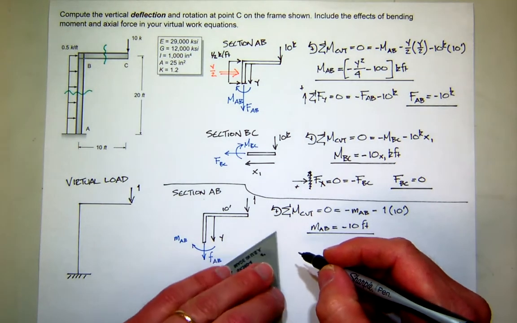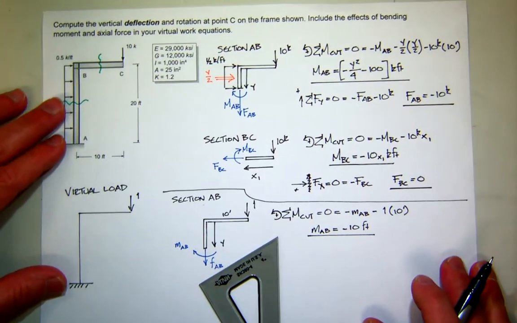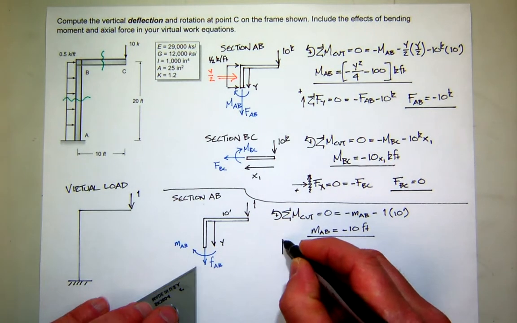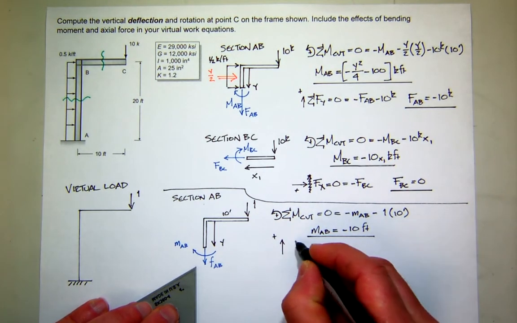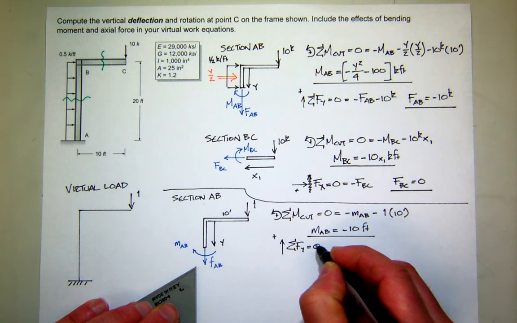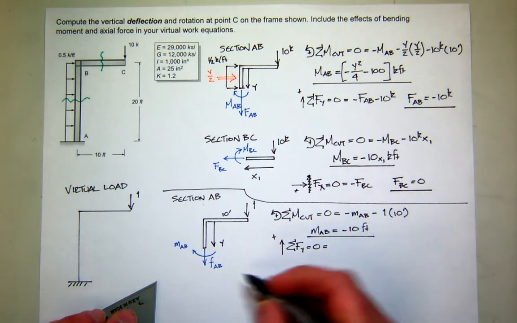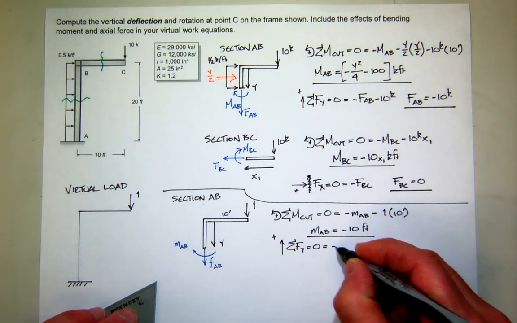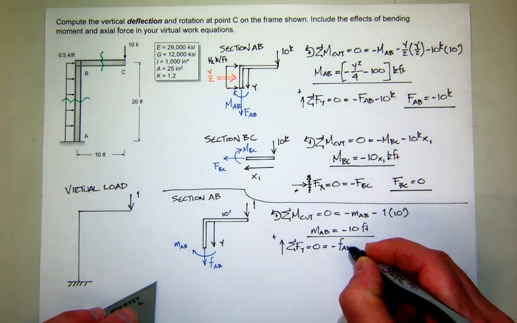And we'll go ahead and, oops, sorry, got the page twisted. We'll go ahead and sum forces in the vertical direction to solve for our axial force AB. That's acting down in our system.